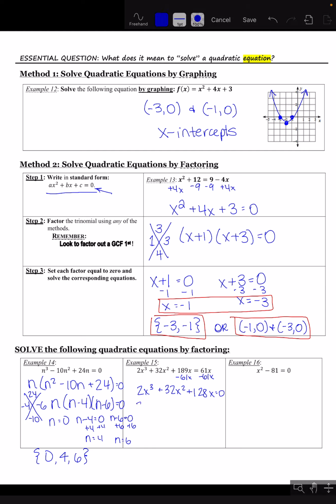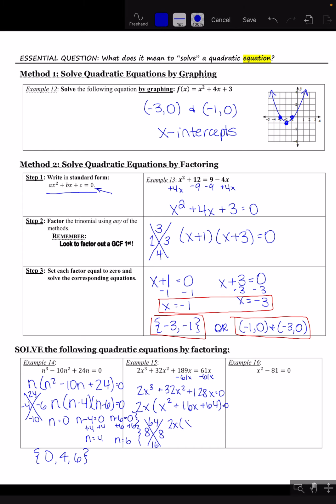So we actually have one. It is 2x. So we'll take that out of each of those terms. And then we'll factor the trinomials. So I need 2 numbers that multiply to give me 64, but add to give me 16. 64 is one of those perfect squares. And so I actually can use 8 and 8.